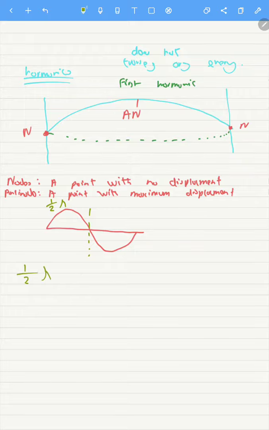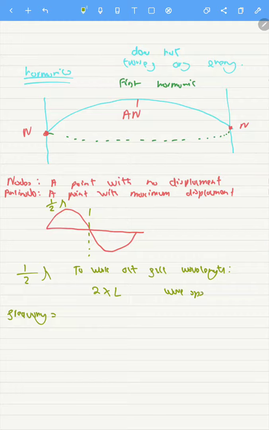So to work out the full wavelength, it is basically 2 times L, where L is the actual length of the wave. And the frequency of this: well, the normal wave speed equation is wave speed equals wavelength times frequency.